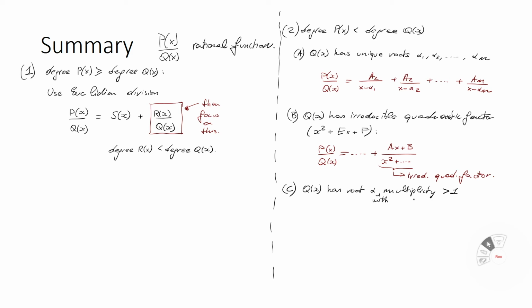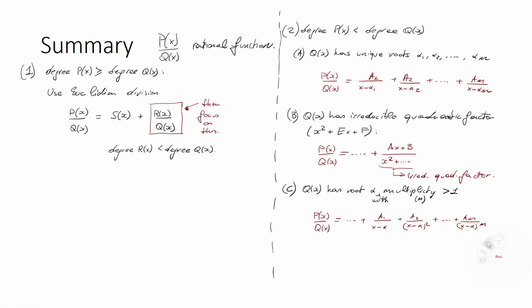So let's say the multiplicity here is m, then our partial fraction expansion becomes: p of x over q of x is equal to what you get from the other roots or quadratic factors, and then for the root with multiplicity m, you get a1 over x minus alpha plus a2 over x minus alpha squared plus dot dot dot am over x minus alpha to the power m.